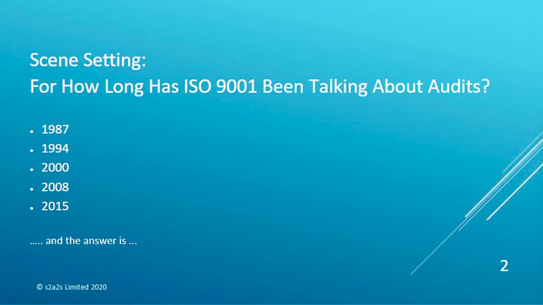And this means that interested parties, whether for internal, supplier, or third-party conformity assessment audits, are less able to rely on the audit results. So in this session, I'll look at some of the causes of this poor reputation and the areas that we can focus on to improve the quality and the credibility of audit.